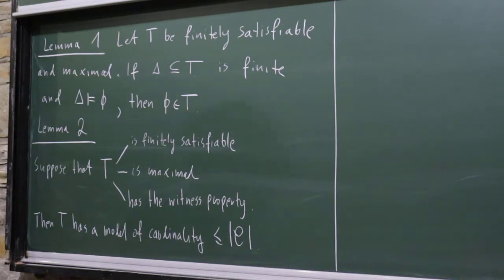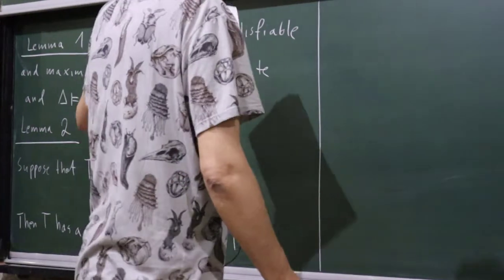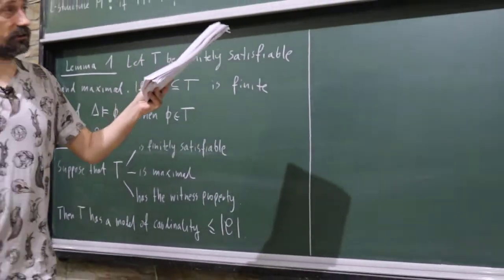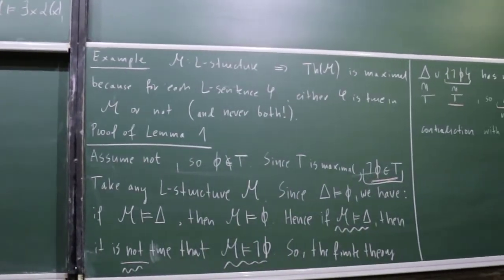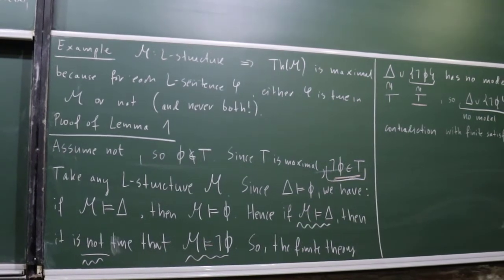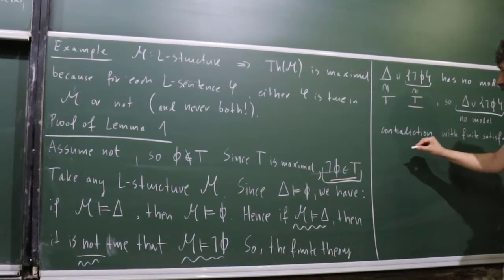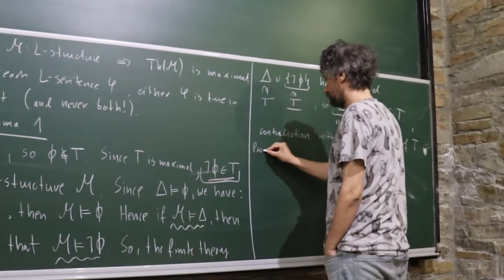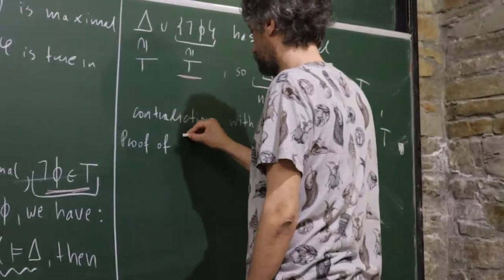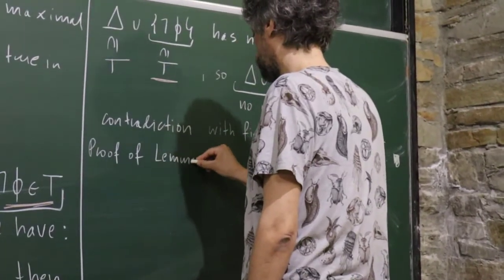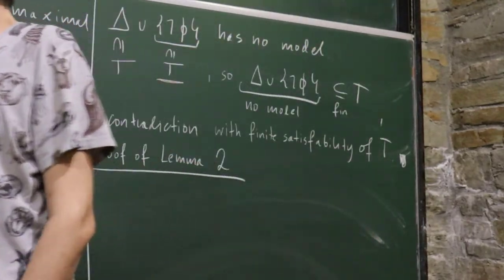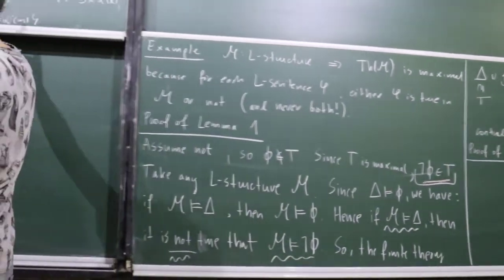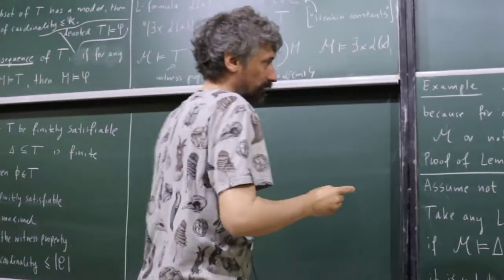Now is the construction, the construction by Henkin constants. Proof of Lemma 2. We have to construct this model from the constant symbols of the language.